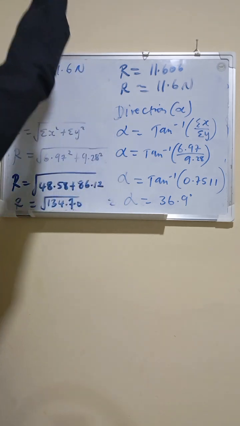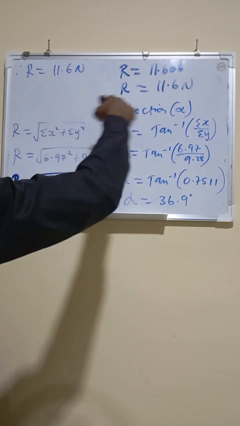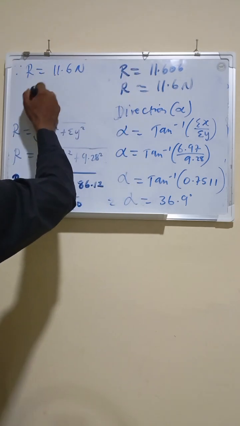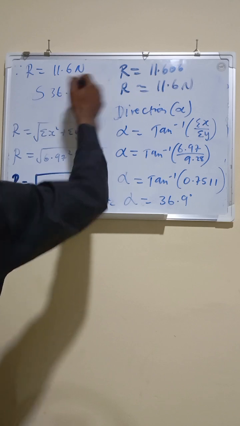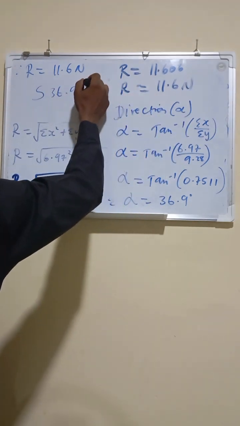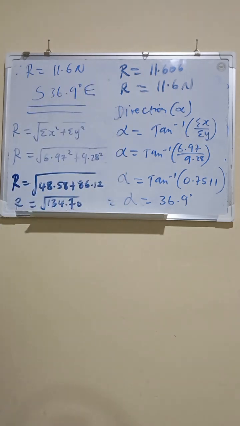The diagram went downwards, because y is negative, so it will be south 36.9 degrees east. So this becomes your answer.